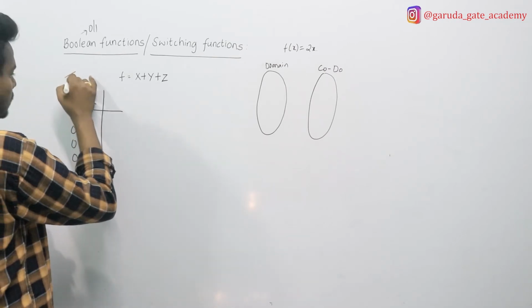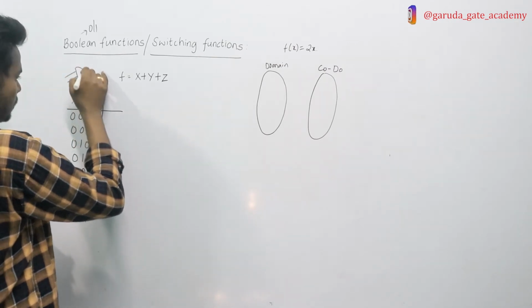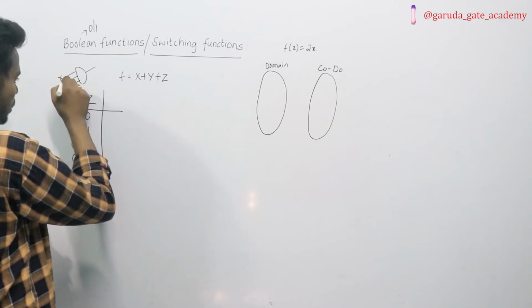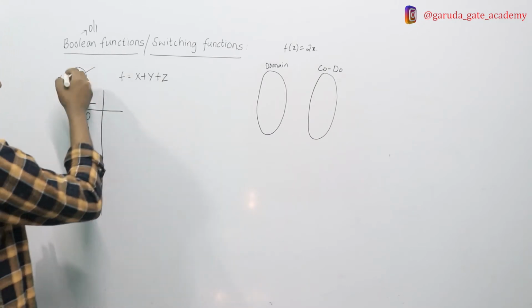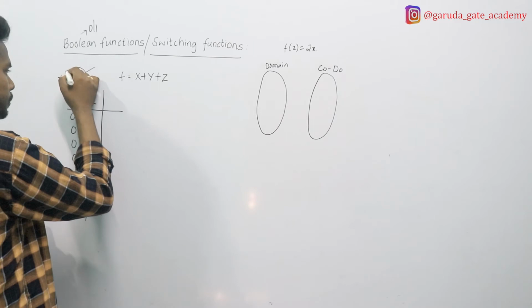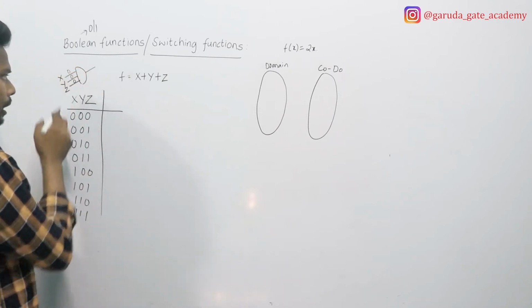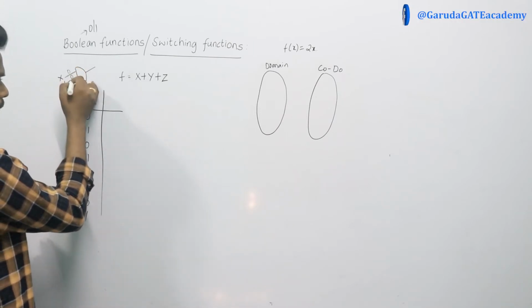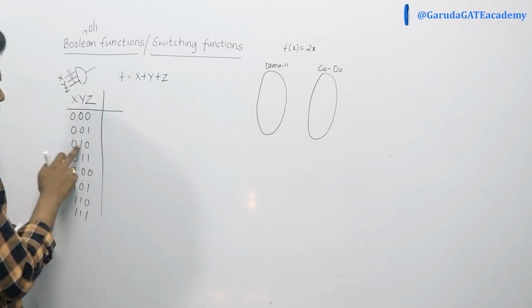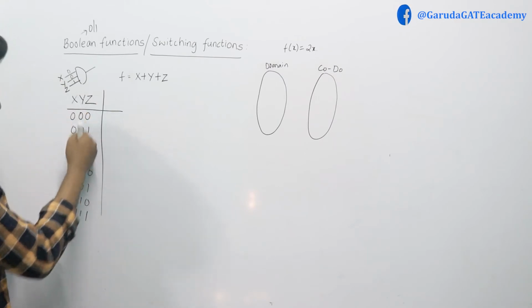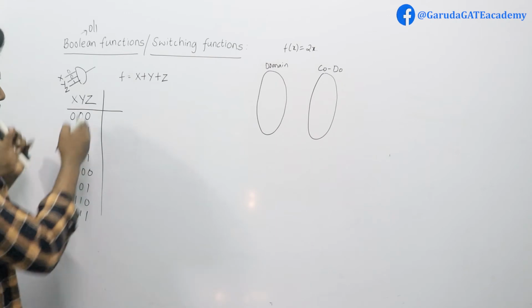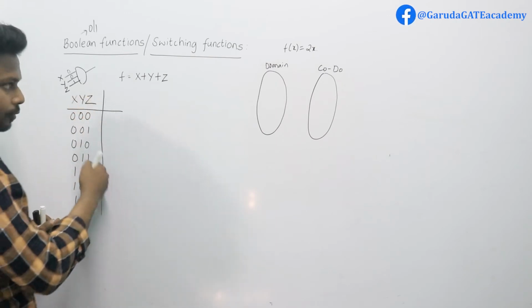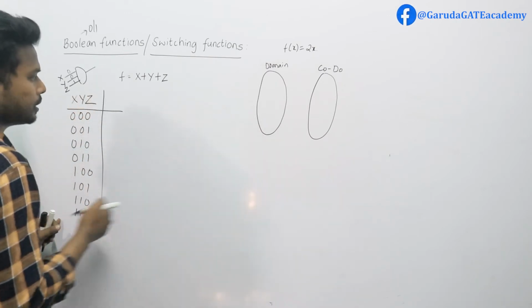If there is a 3 input gate, something like this, with inputs x, y, z, one combination of occurrences of this input is 0 0 0, another combination is 0 0 1, another is 0 1 0. Likewise, these are the combinations. So these are the domain elements, if you portray it in the previous example.